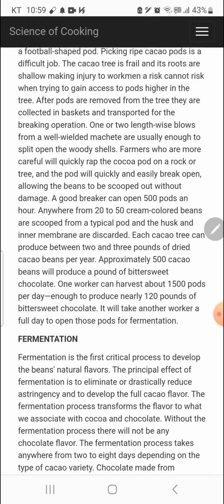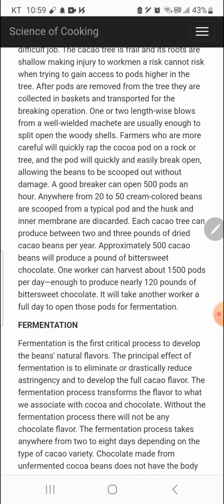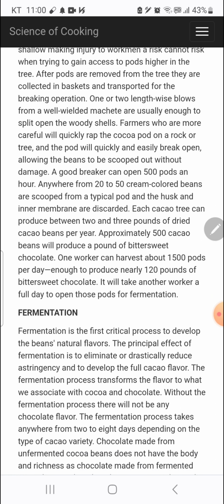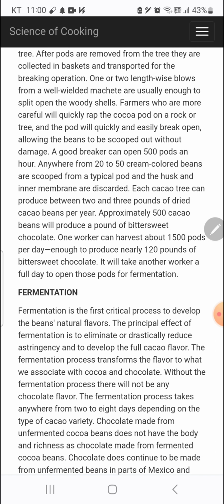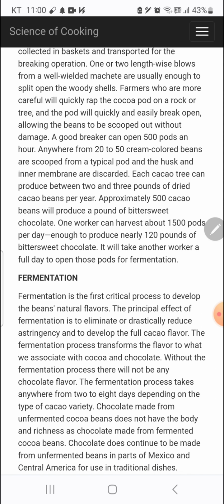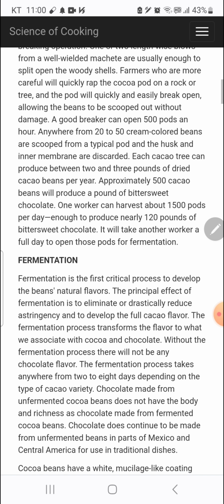One or two lengthwise blows from a well-wielded machete are usually enough to split open the woody shells. Farmers who are more careful will quickly whack the cocoa pod on a rock or a tree, and the pod will quickly and easily break open, allowing the beans to be scooped out without damage.